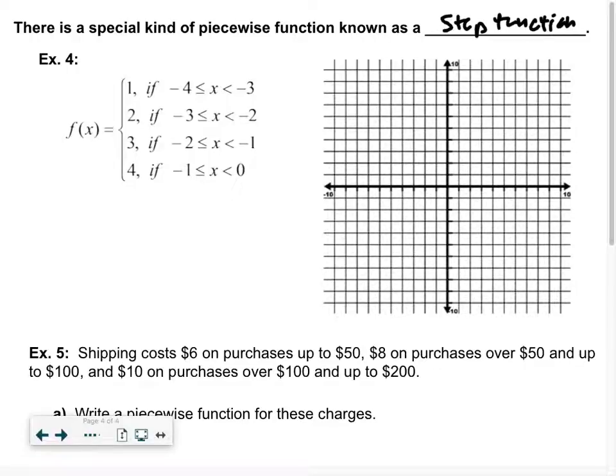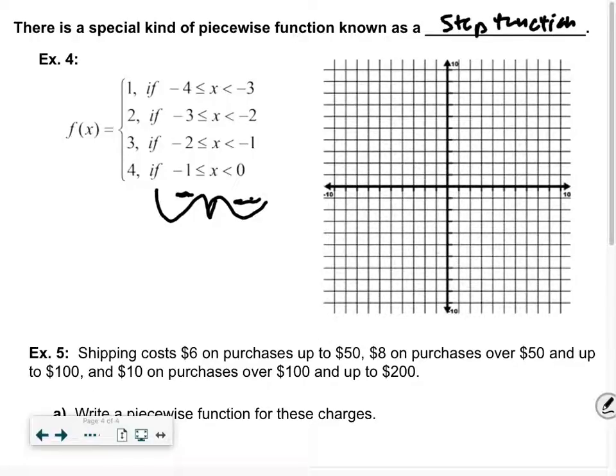Alright, so what I like to do with these is figure out my closed and opens right away. So let's look at the x part. I have a left number and a right number.